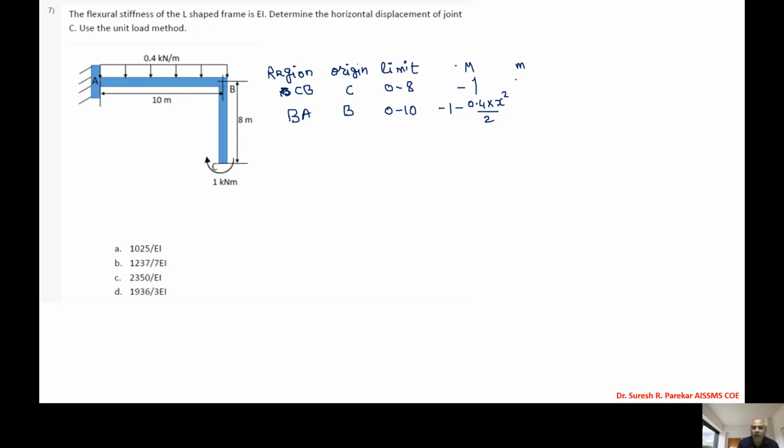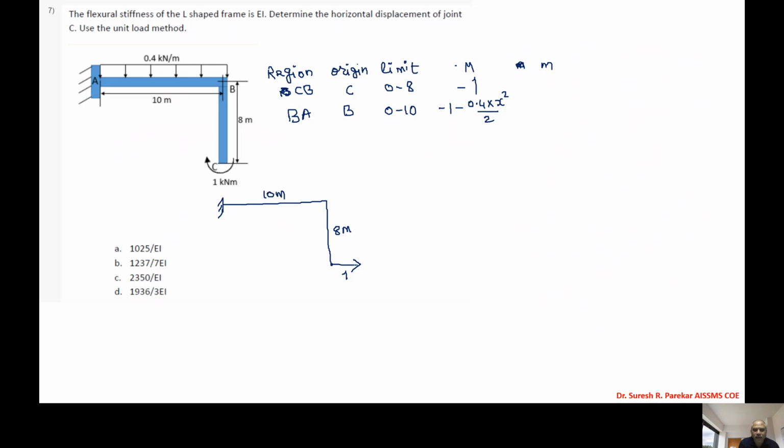And now we have to go for the small moment, and for the small moment we have to apply a unit load. Now we are interested in horizontal displacement. So I will draw this diagram and I will apply a unit value over here. Now this is 8 meter and this value is 10 meter.